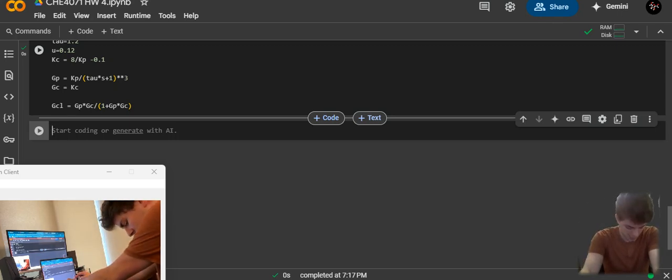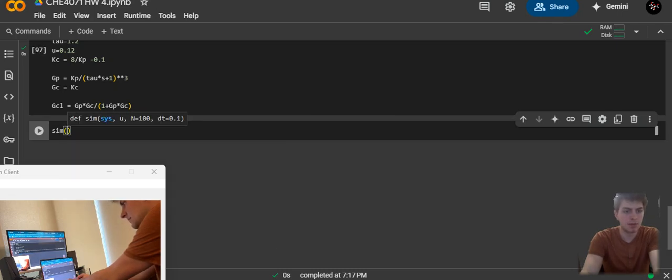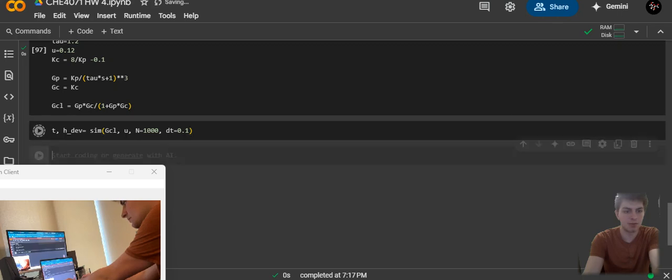And now what we're going to do is simulate here. So we're going to use this sim function. We have to input our system as well as our step change u. n is going to be equal to 1,000, and we can make our dt 0.1 here. And then that'll output for us times as well as deviation variables.